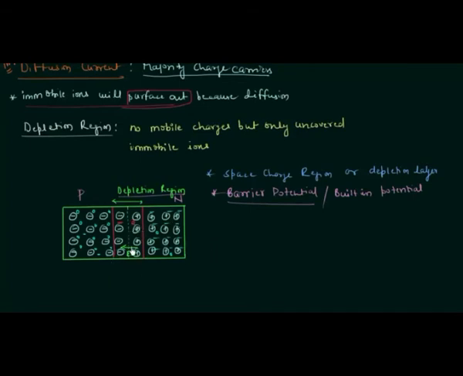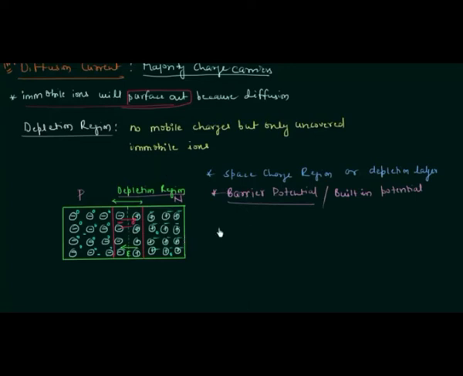Because of this electric field intensity E, electrons will move to the right and the holes will move to the left. So there is current, and because of the drift of electrons towards the positive layer and the drift of holes towards the negative layer, we call this current drift current.